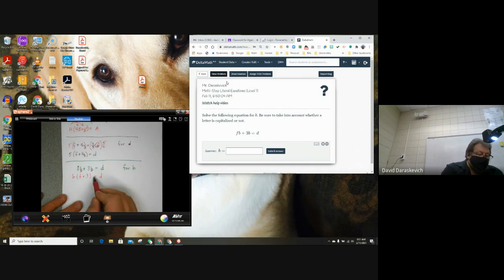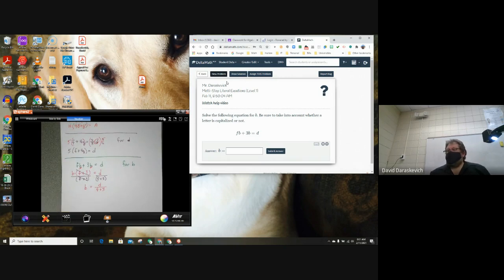Now I have one term with multiplication, so I have to divide by this quantity, F plus 3. These cancel. I'm left with my B, and I've got this mess over here, D divided by F plus 3.